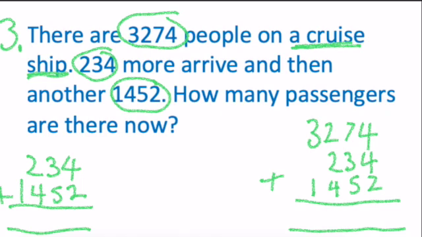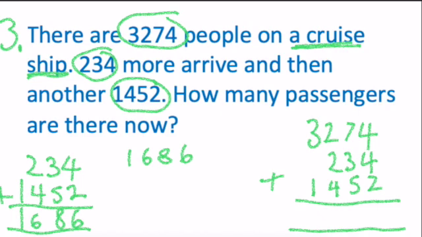I've started this method. I'm going to do both methods and see if I get the same answer. So 4 add 2 is 6. 5 add 3 is 8. 4 add 2 is 6. So 1,686.